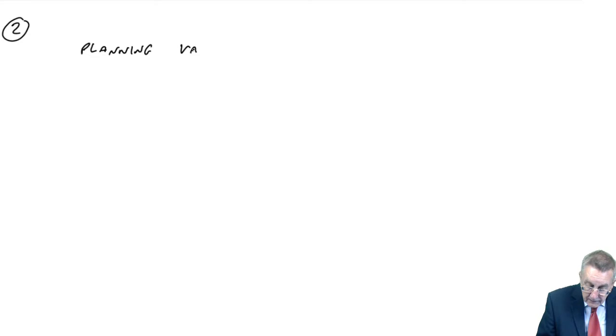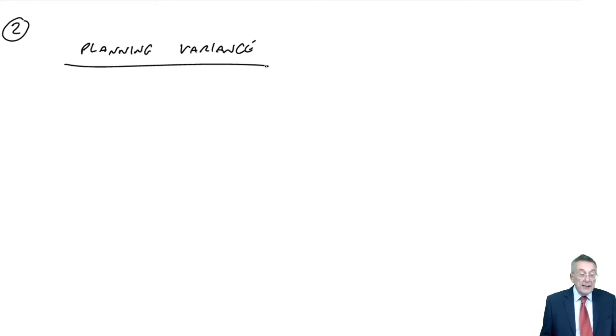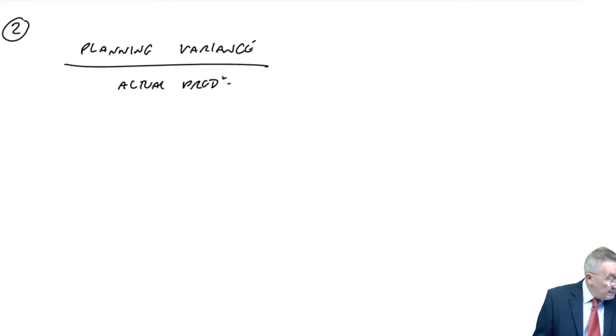I've talked through it a minute ago, so I won't repeat, but let's go to the planning variance first of all. This is the one that needs what you might call the most learning. The planning variance, we take our actual production, 10,000 units.